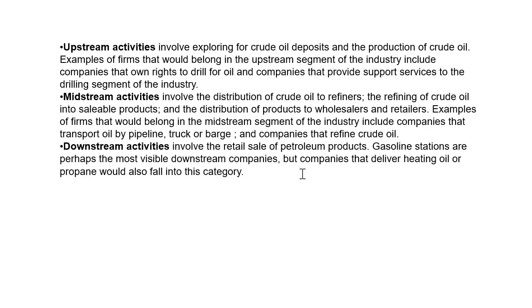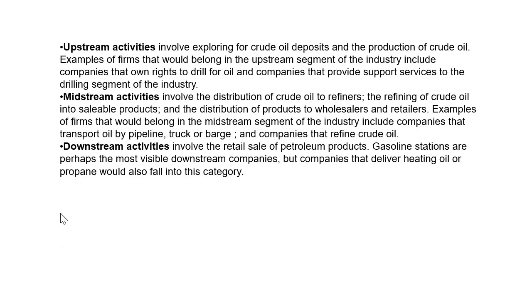Some industries have the right to get the refined byproducts, and it is distributed to those companies, which take it either by pipeline or by truck. Downstream activities involve the retail sale of petroleum products.